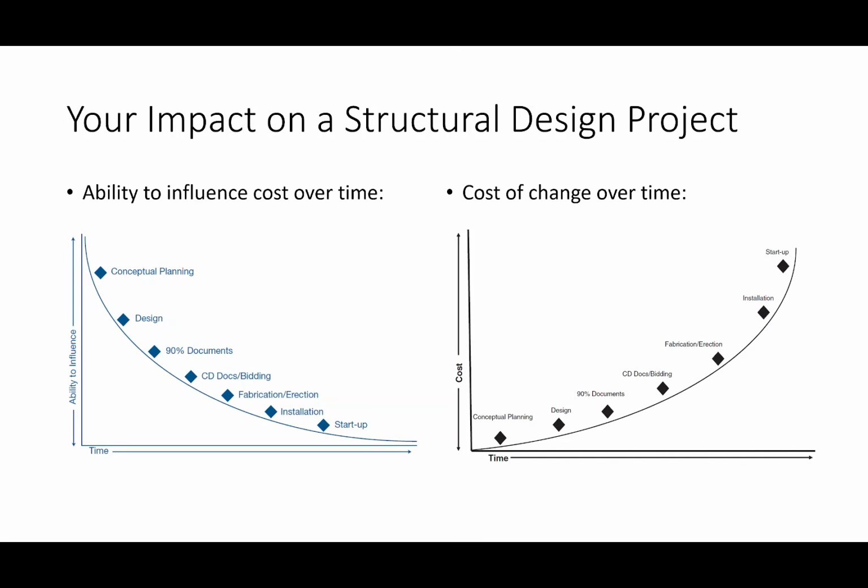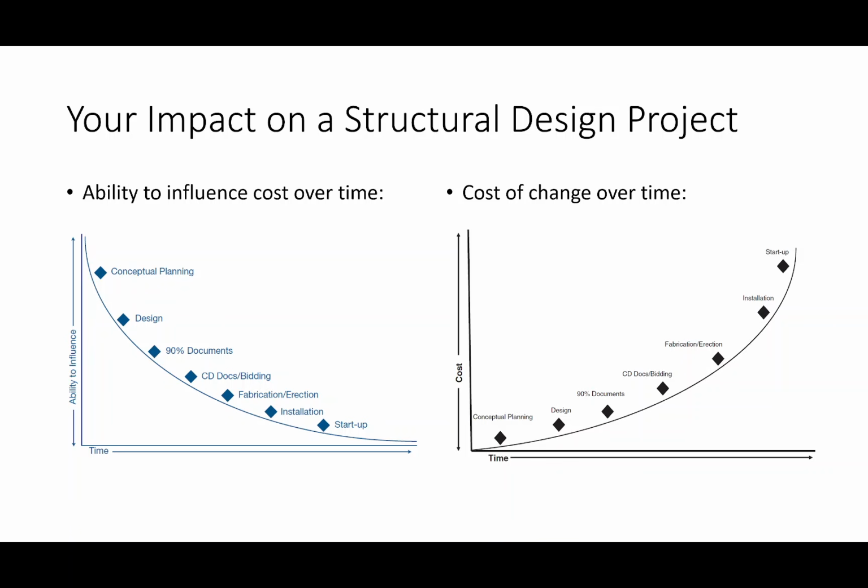I throw this out here as something very high level for you to think about: whenever you're beginning a structural engineering project, there is an inverse relationship between your ability to influence the cost of a project over time versus the cost of those changes should you decide to make them.